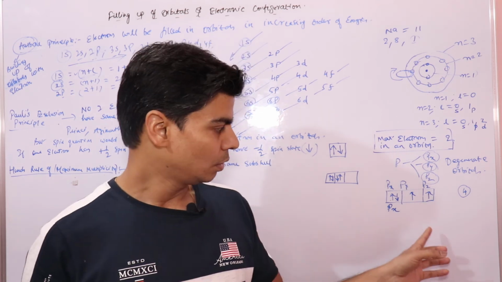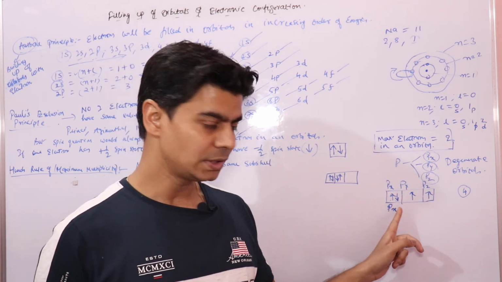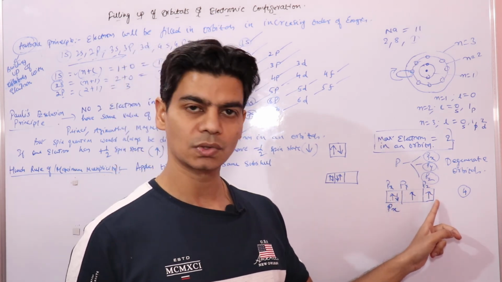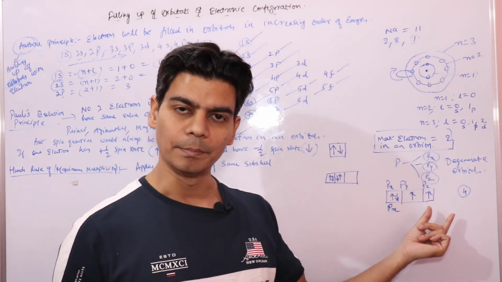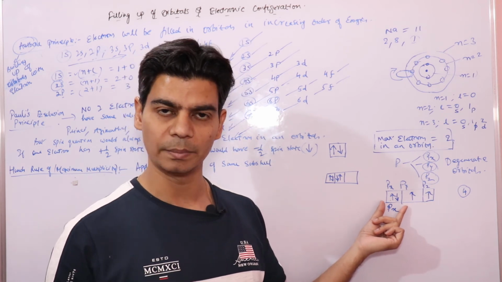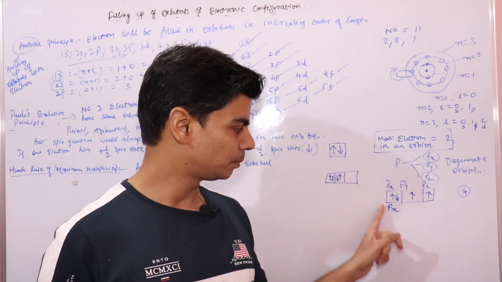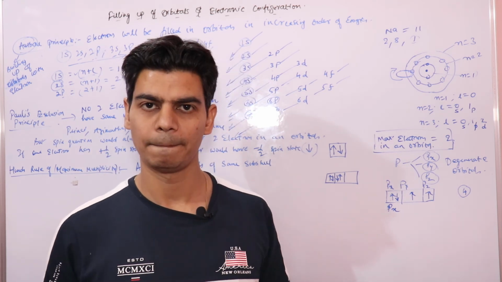So as per Hund's rule of maximum multiplicity, I should place one electron in each orbital. I'm trying to unpair them, to have one electron in each orbital so that the inter-electronic repulsion is minimum.